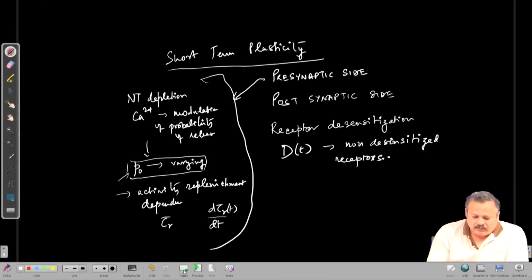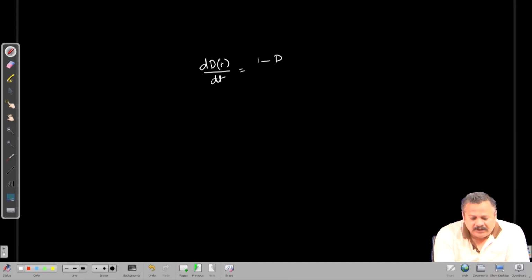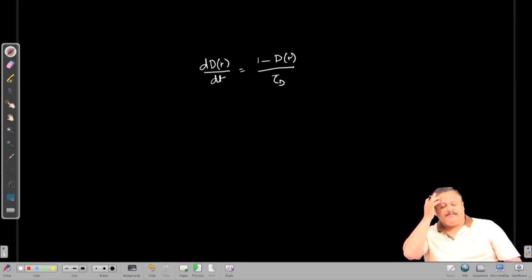So, let us go to the other page. So, here what we will have is d(t) equals, so the d(t) is trying to go to 1, minus d(t) by tau d. This is the time constant for the desensitized receptors to become non desensitized.